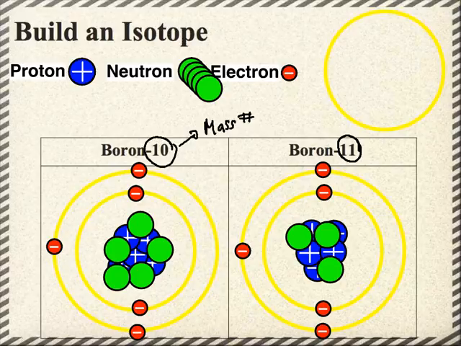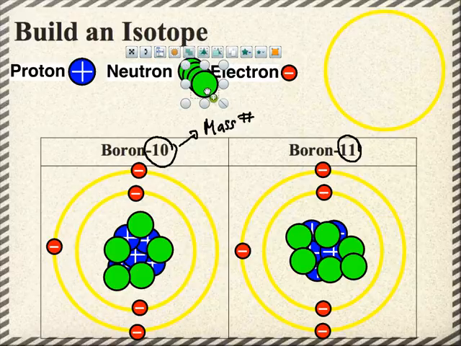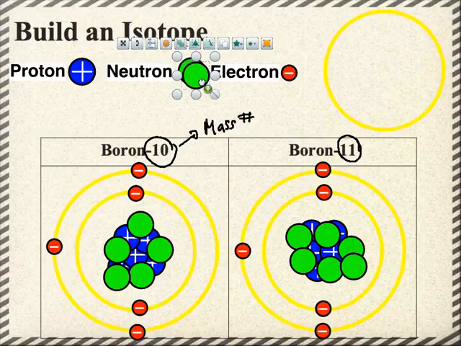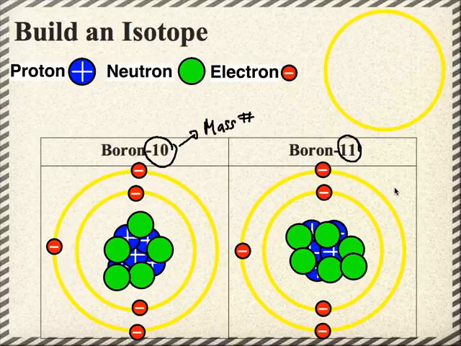So I'm going to come over here, and this time I'm going to have 6 of these things right here. Let's get rid of these guys. Okay. So the difference between this isotope of boron and this isotope of boron is that I have 5 neutrons over here and 6 neutrons over here.